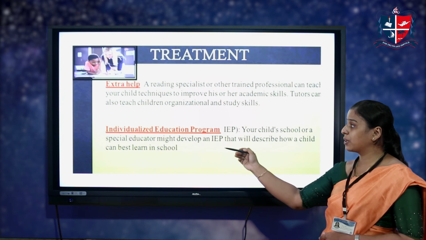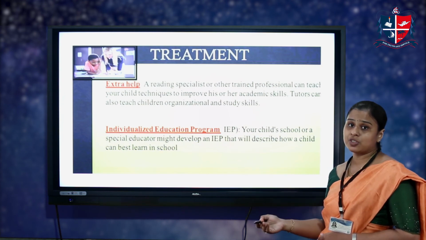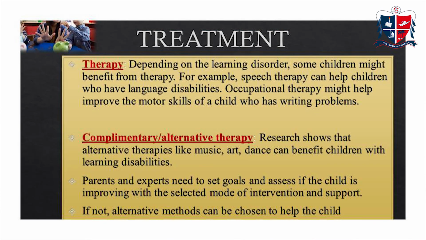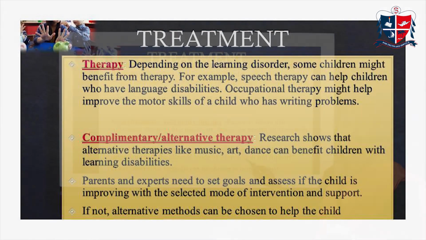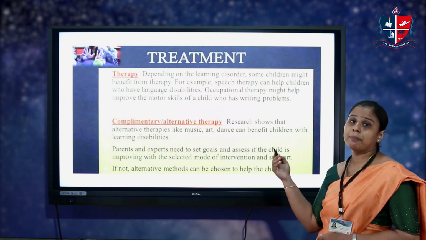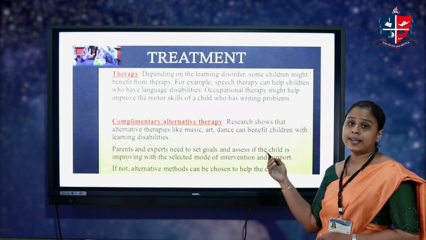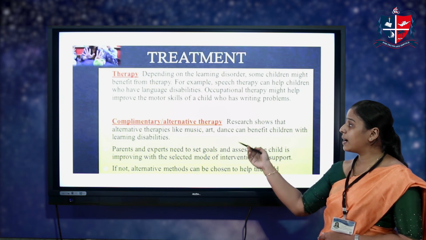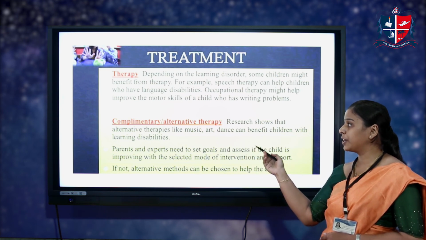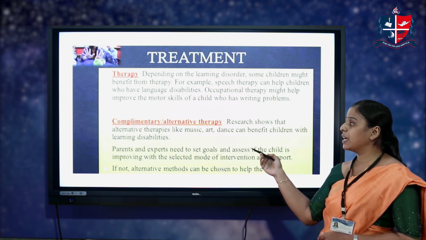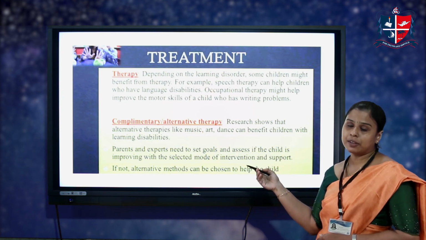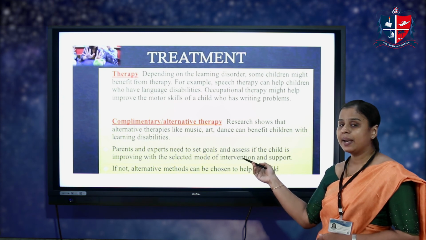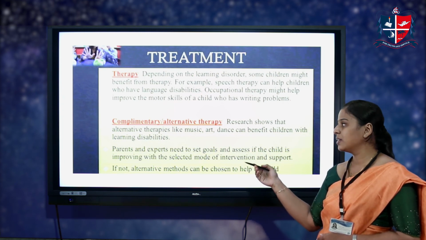Special educators will identify those children and give proper treatment. And of course, various behavioral or learning-related therapies can be provided to the child. And last, complementary or alternative therapy is given in the special education field, that is, music, art or dance therapy can be given to that particular child.